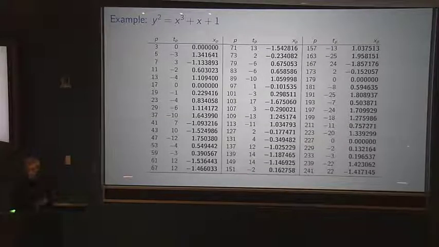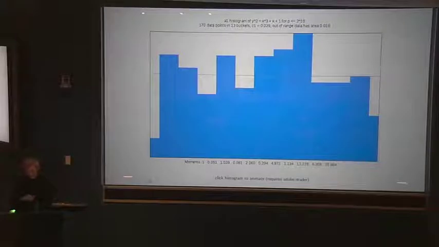The problem, of course, is we don't have enough data to draw any conclusions, so let's go get some more data. To make it easier to view this larger collection of data, I've plotted it in a histogram. The x-axis here ranges from minus 2 to 2, and I've chopped that interval up into buckets.